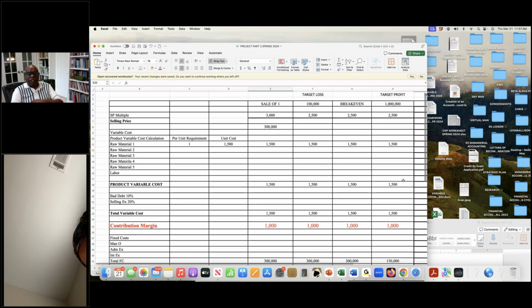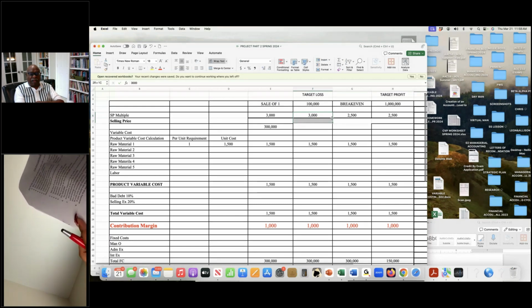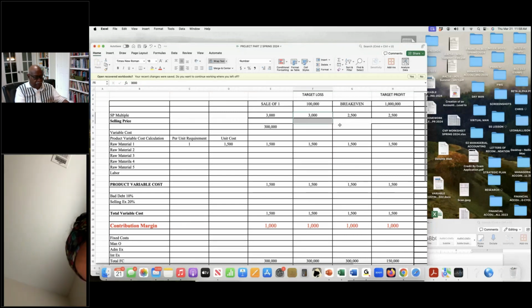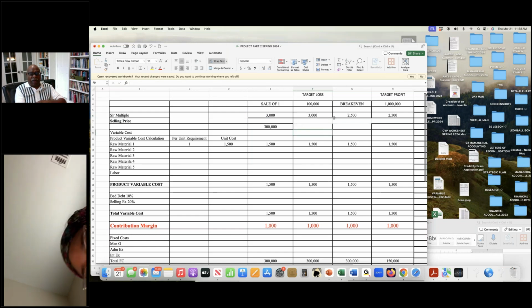So there's some things that we have to do. Let's see, all these came across here. Need to come in here and put 3,000. Need to copy this across. Let me put equals 3,000. Like that.